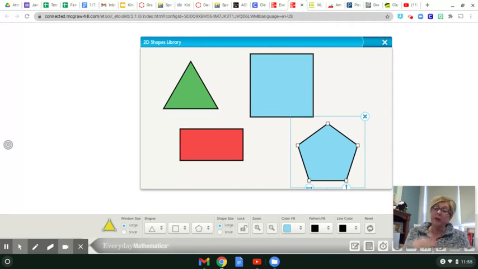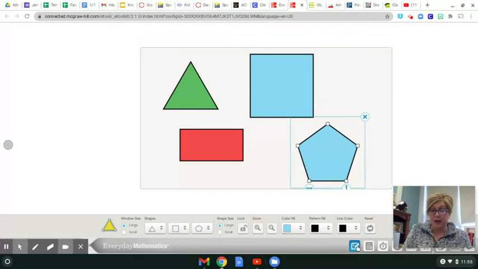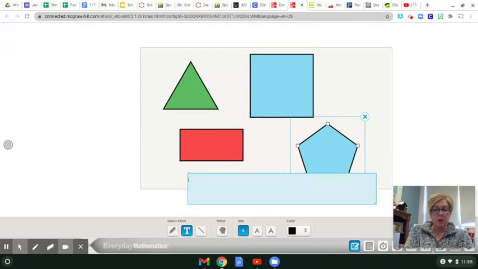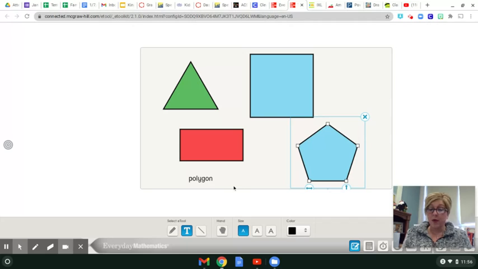Okay, so when I refer to a polygon, again, I'm just talking about a two-dimensional shape. Poly means many. So polygon is a word to describe all of those.